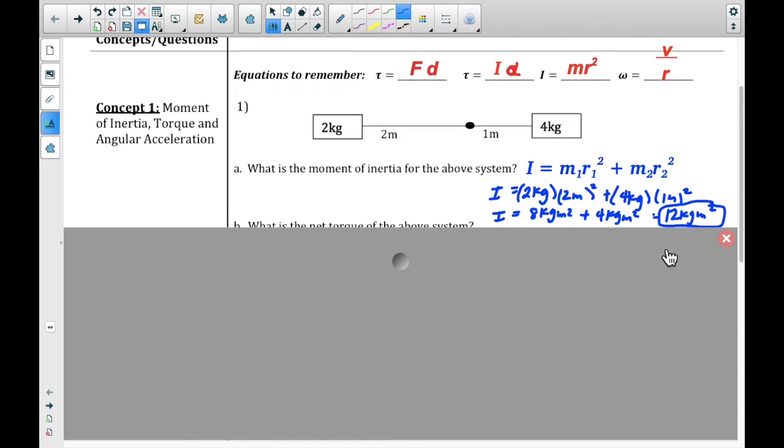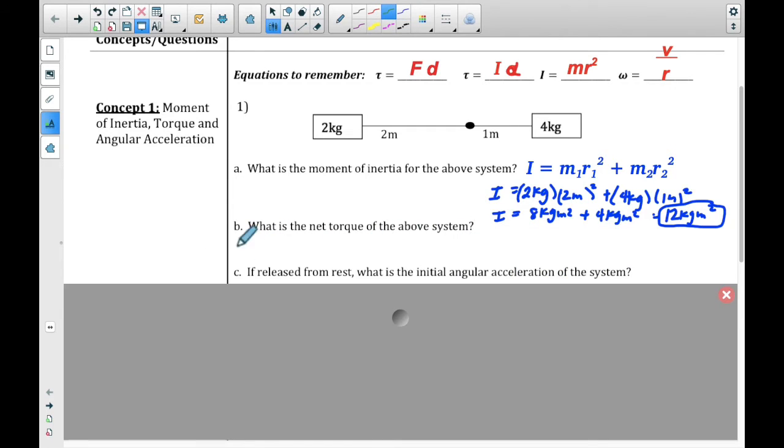And so we get 8 kilogram meters squared plus 4 kilogram meters squared, and we add those together, and that adds up to 12 kilogram meters squared. That means that this system is going to have a moment of inertia of 12 kilogram meters squared. Remember what inertia is. It is something's ability to sit or ability to move, and so that's what that is.